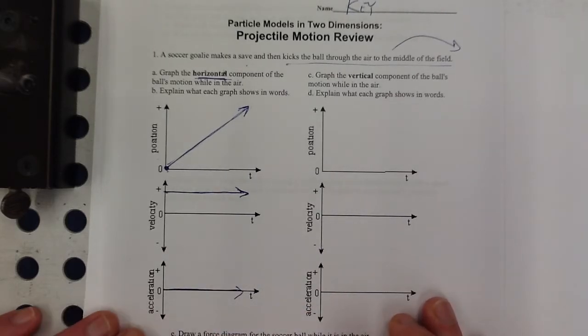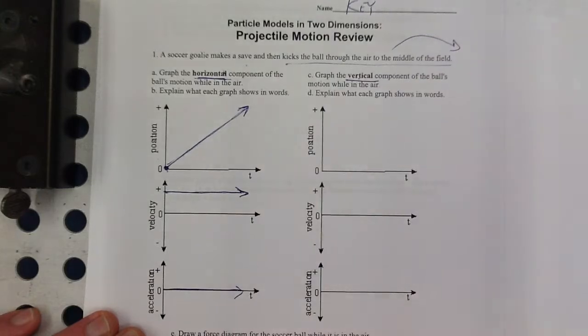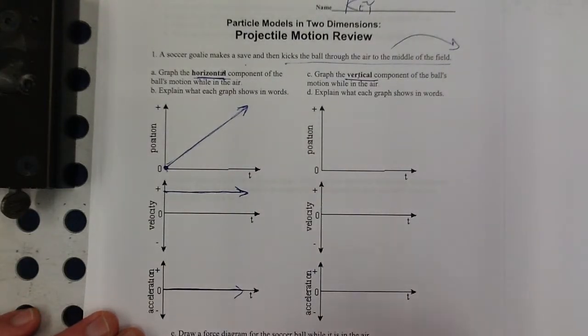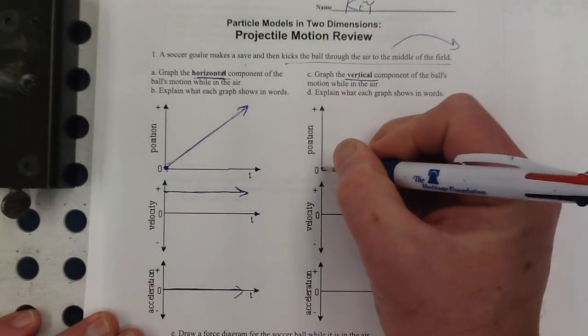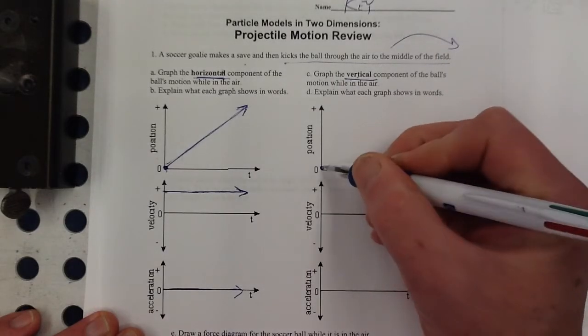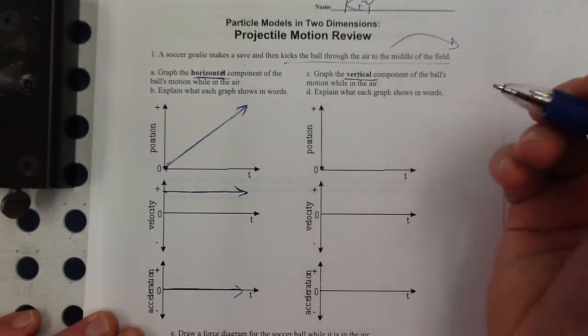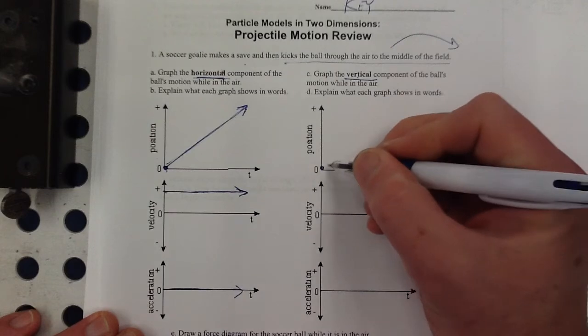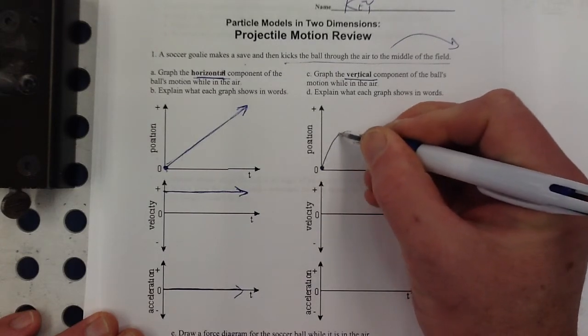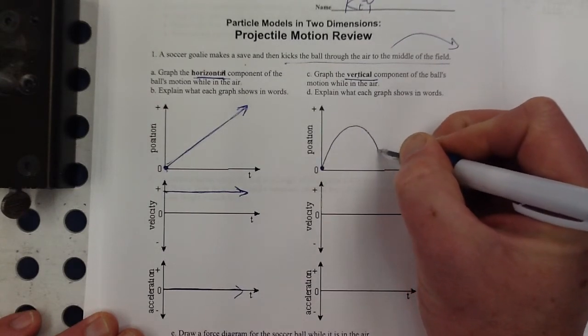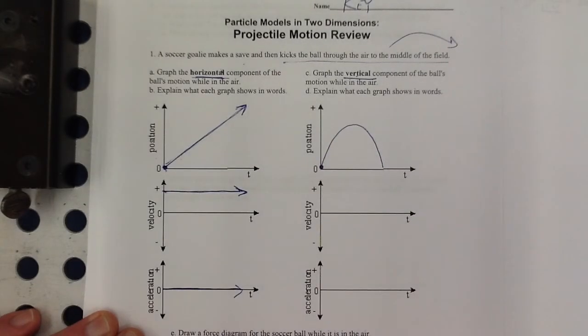right? In the vertical direction, we have constant acceleration. So in the vertical part, our ball, if we say it starts at position 0, which is up to you, but why not, it goes up, and then it comes back down again like this.